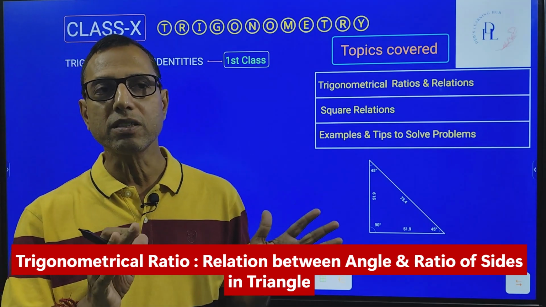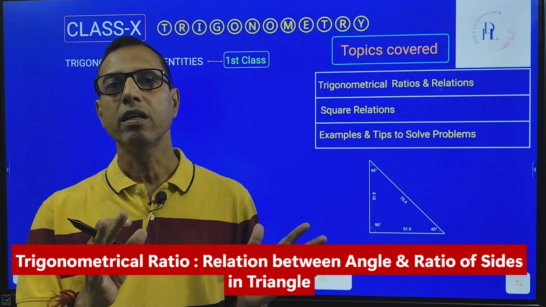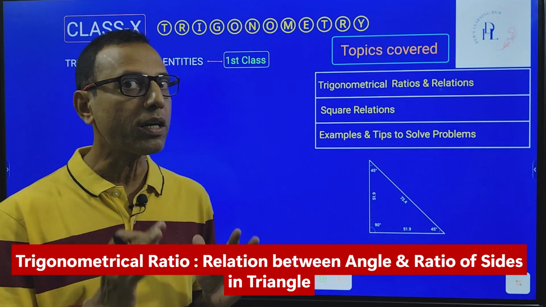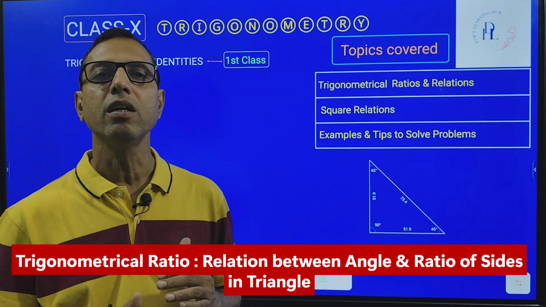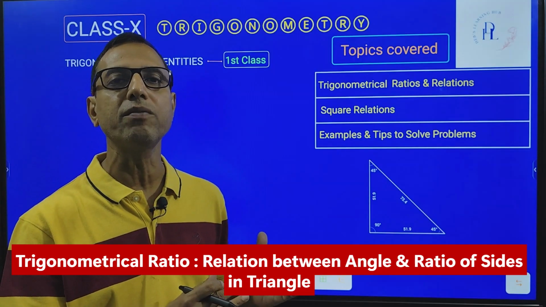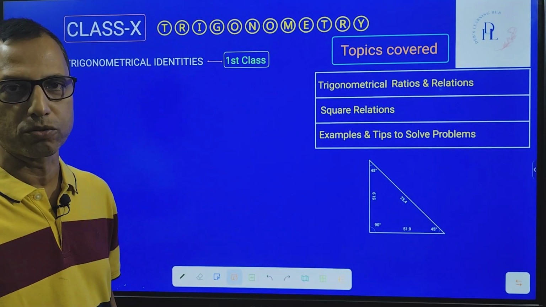So you know these separately, but you don't know the relationship between the sides and the angle between them. That is what we are going to learn in trigonometry, the relationship between the sides of a triangle and the respective angle. And from there, we'll have the trigonometrical ratios, right?